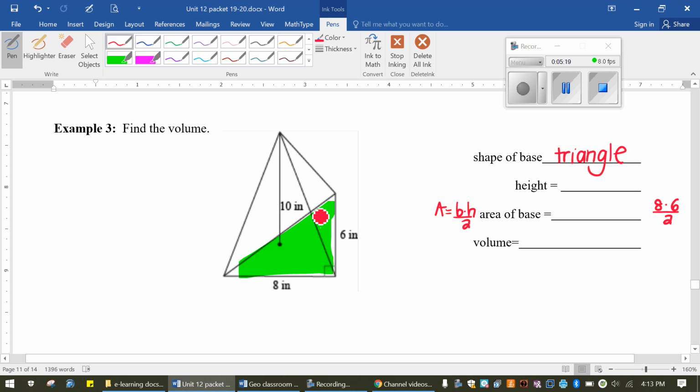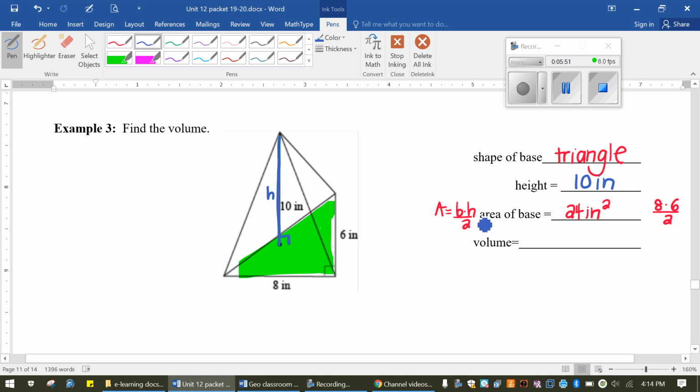So the area of this shaded triangle base is going to be 24 inches squared. Our height inside, a right angle there, is 10. Actually, erase that so you can see the 10. There's your height. So your height is 10 inches.